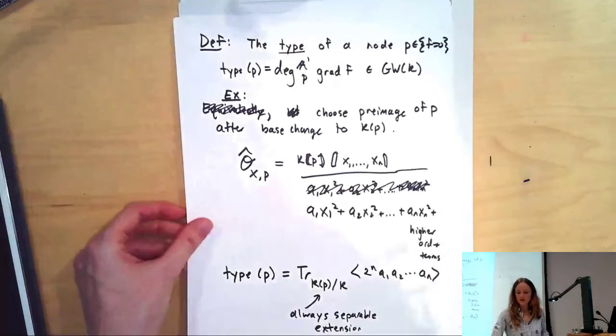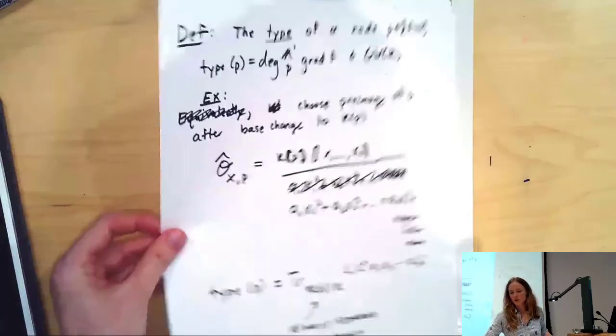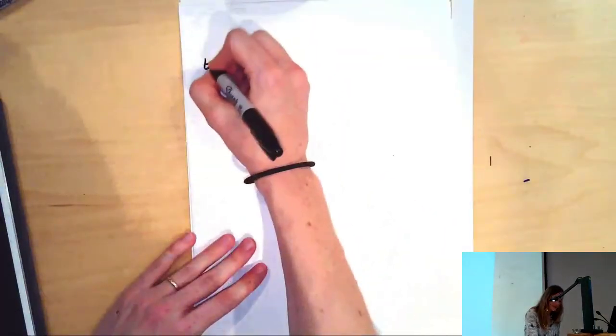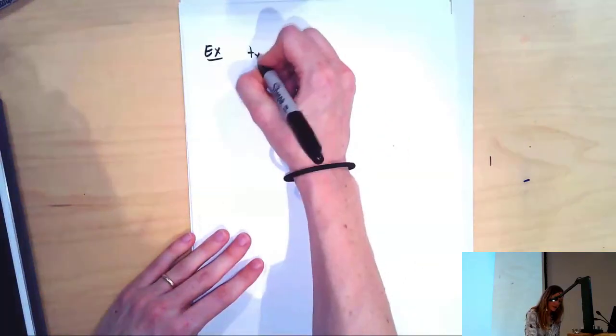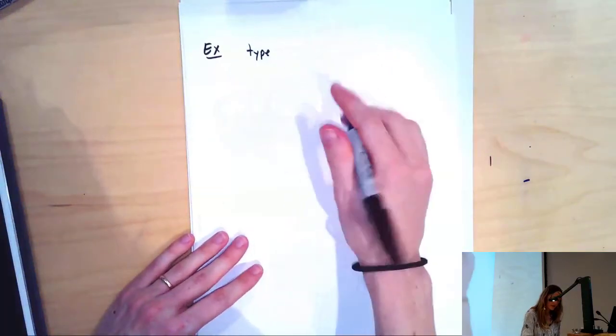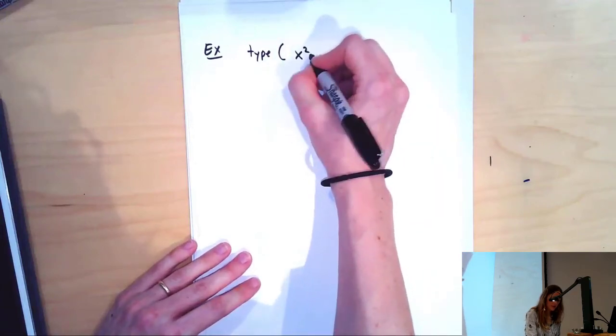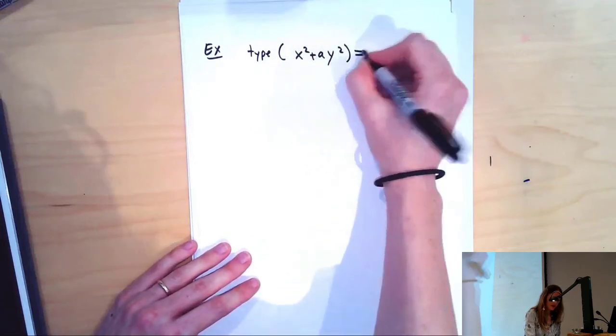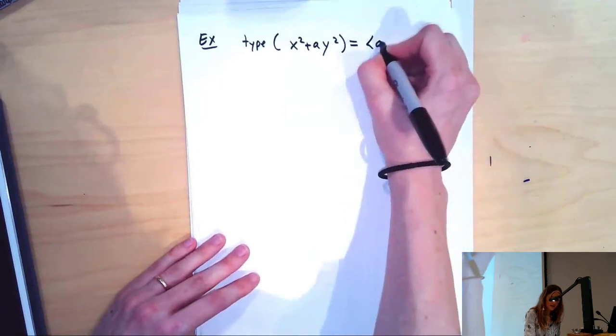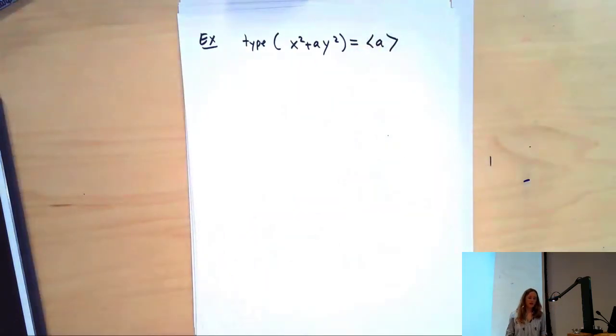So for example, these nodes where you've got x squared plus y squared, like for plane curves, the type of the node at (0,0) in x squared plus a y squared is the bracket of a.